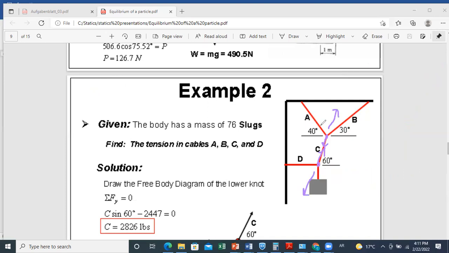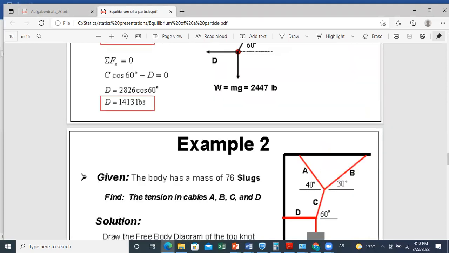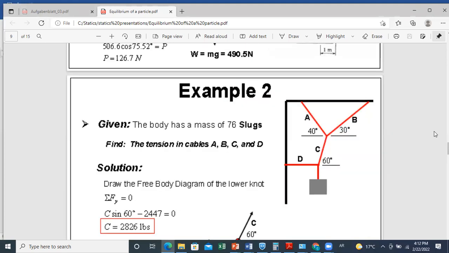This is a very important concept, okay? If you understand it, then you can calculate tensions in a very simple way. And once you take this point here, we can call it E, okay? One second.